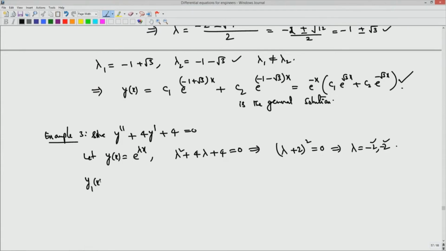So, y1 of x is e power minus 2x, and y2 of x is also e power minus 2x. So, y1 by y2 is actually a constant, so I cannot choose this as a second linearly independent solution y2.